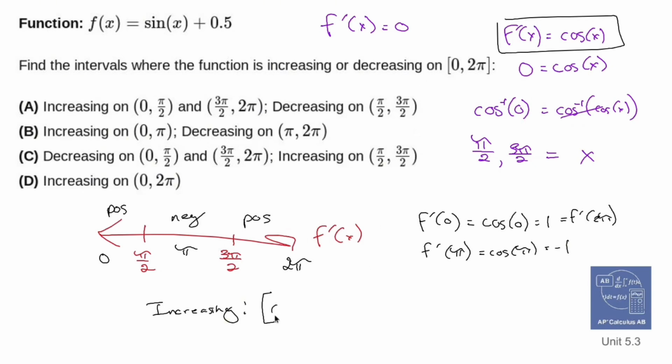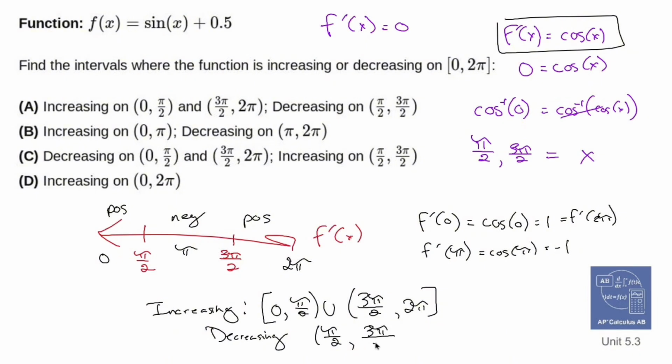We're increasing between 0 and pi over 2, and we're also increasing between 3 pi over 2 and 2 pi. That would mean we're decreasing between pi over 2 and 3 pi over 2. So that gives us A.